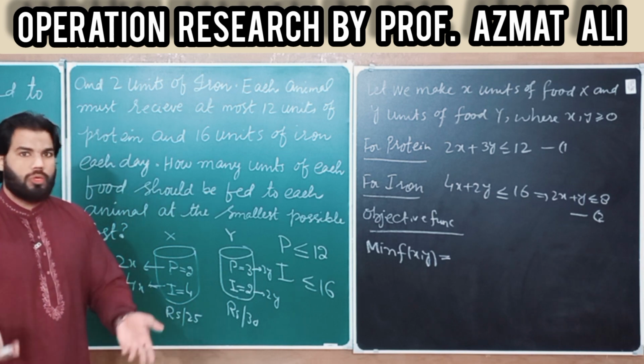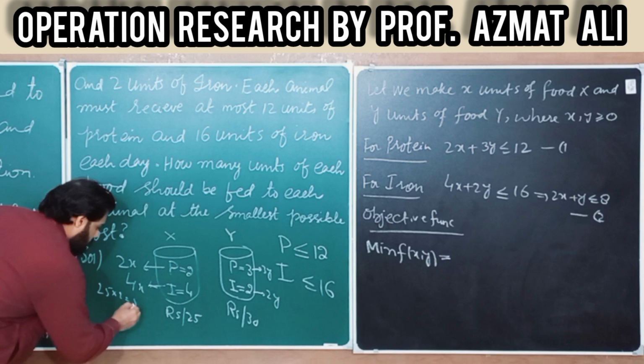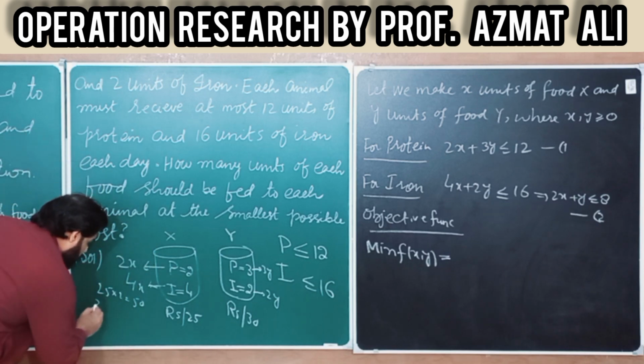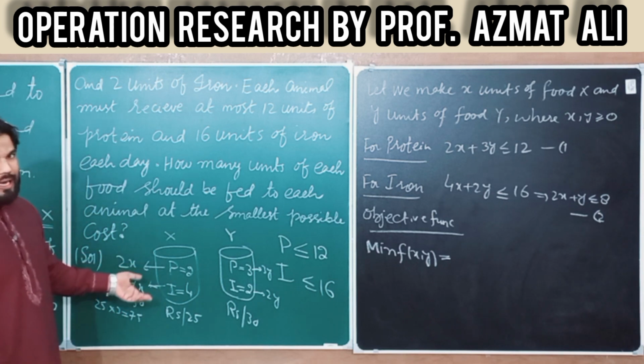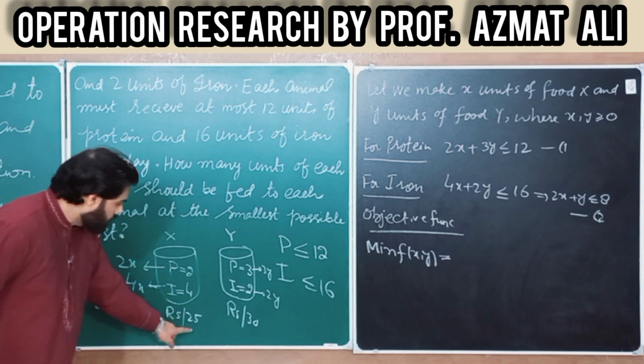Suppose I make 2 units of food x, then total cost will be 25 into 2, which is equal to 50. Suppose I make 3 units of food x, total cost for food x will be 75. As I make x units of food x, total cost for food x will be 25x.